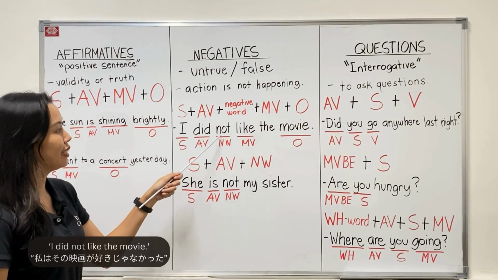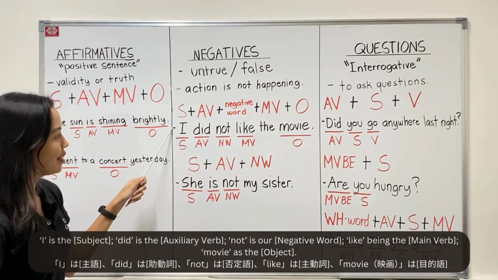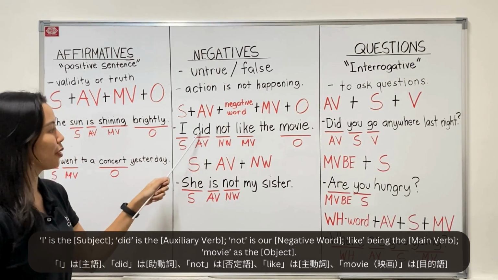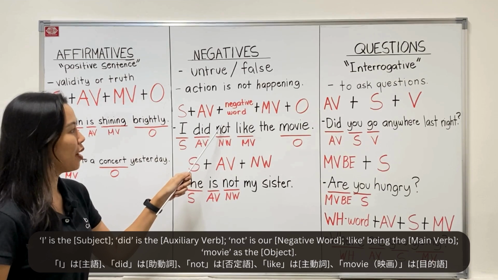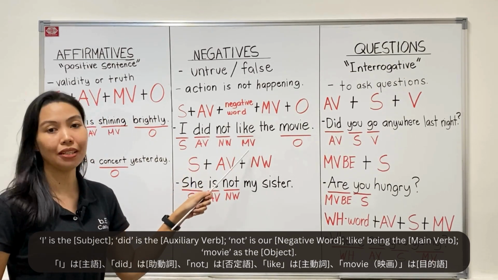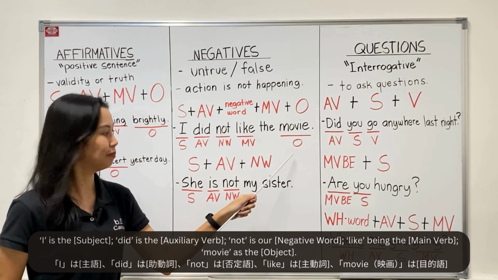I did not like the movie. I is the subject, did is the auxiliary verb, not is our negative word, like being the main verb, and movie as the object.